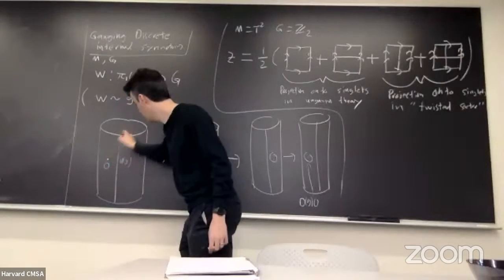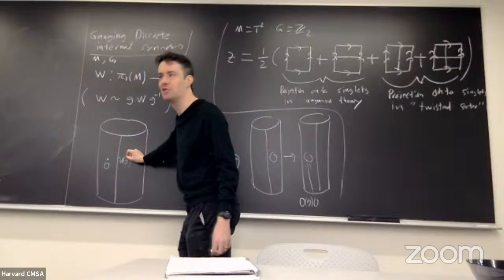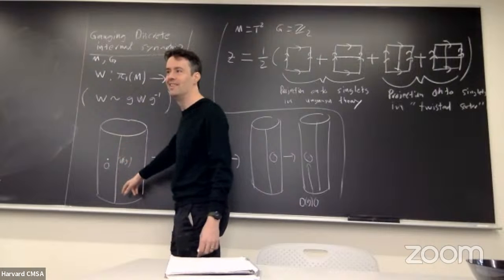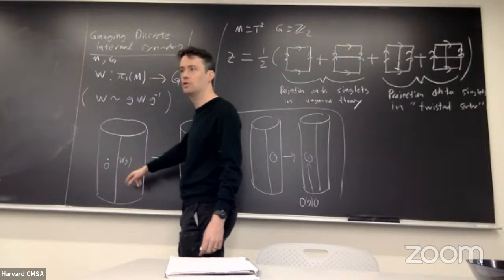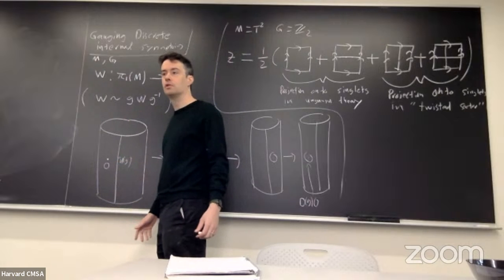Because this location is the place where O picks up the transformation. So essentially, if you like, there's some sort of branch cut in the correlation functions. And to really define them as functions, you have to say where the branch cut is, okay?